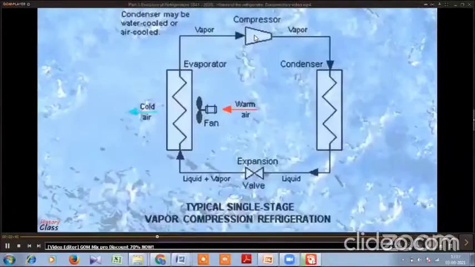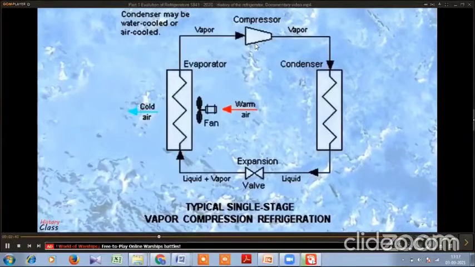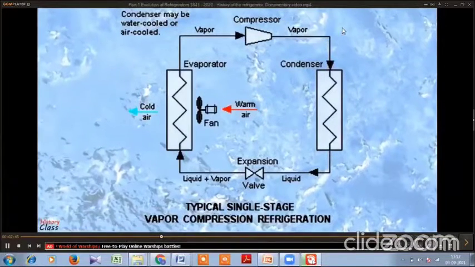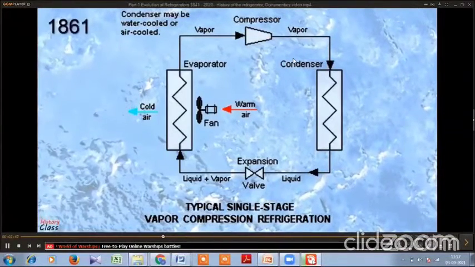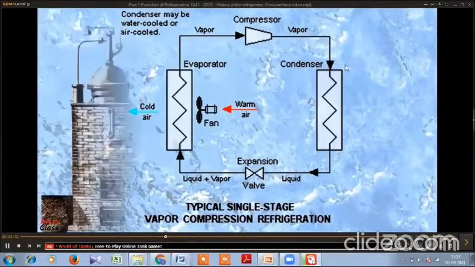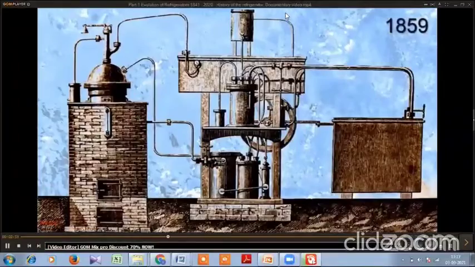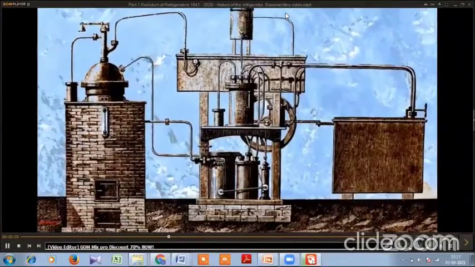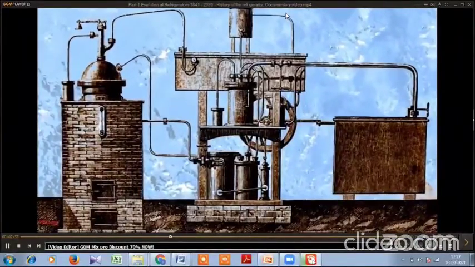Commercial vapor compression refrigeration was also introduced to breweries and meatpacking houses, and by 1861, a dozen of his systems were in operation. The first gas absorption refrigeration system using gaseous ammonia dissolved in water was developed by Ferdinand Carré of France.